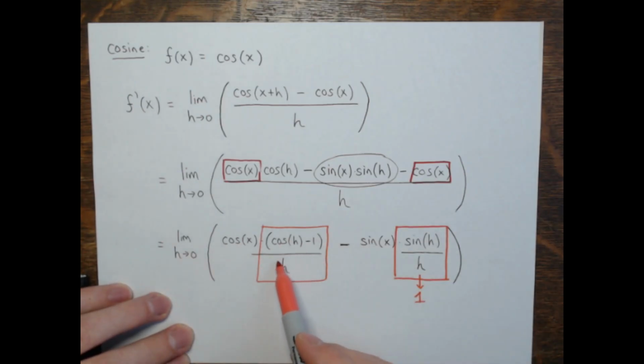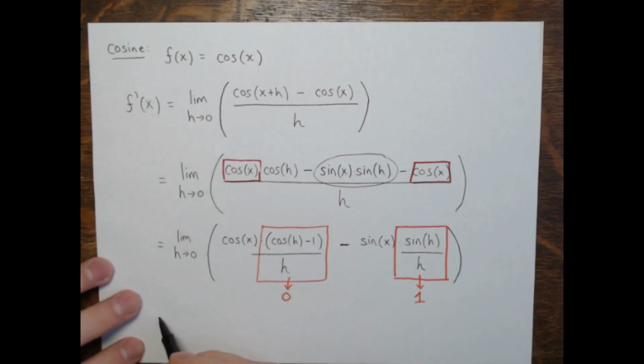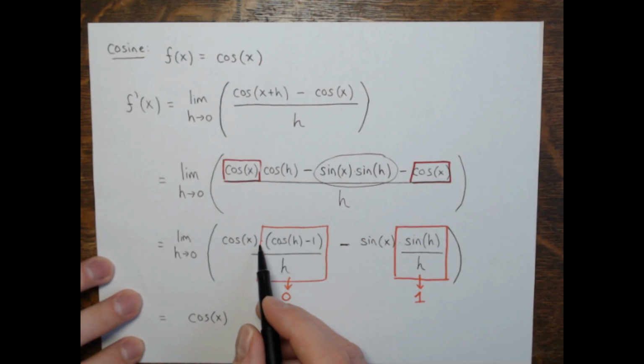Again, h is approaching 0, so remember this will approach 0 as well, right? It has a limiting value of 0. So overall, we end up with the cosine of x times 0, so that'll be gone, then minus the sine of x times 1.